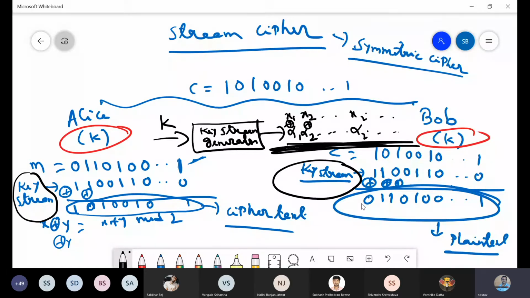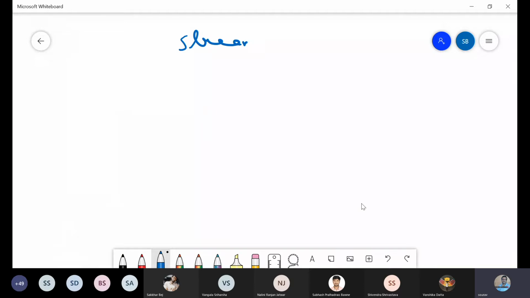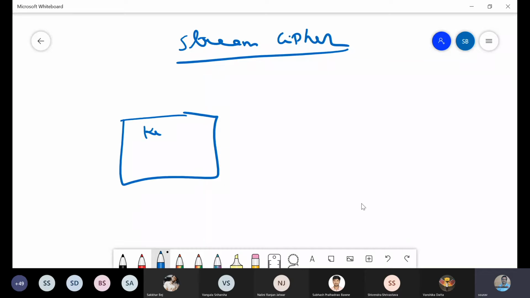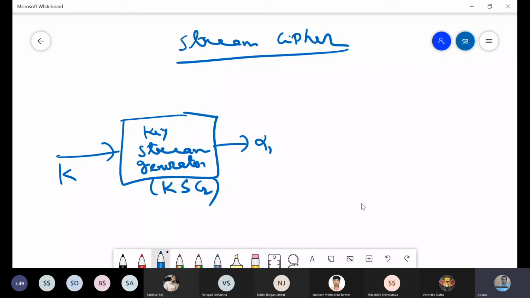So the main part in the stream cipher is this one. A stream cipher is nothing but a key stream generator, or in short KSG, which takes the secret key and gives us some 0 1 bits as the key stream.